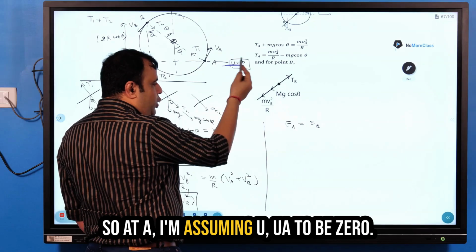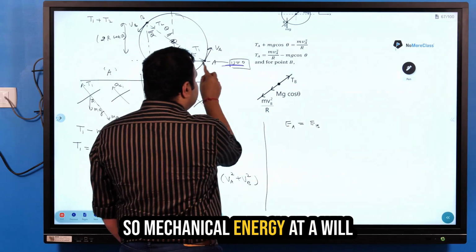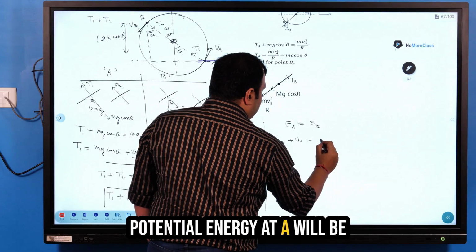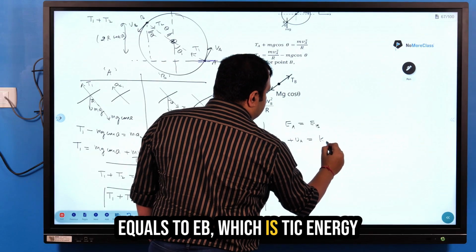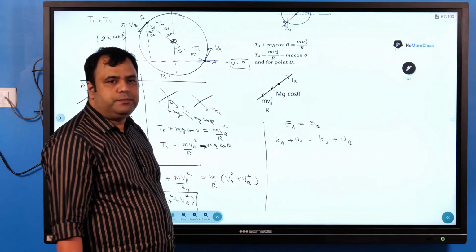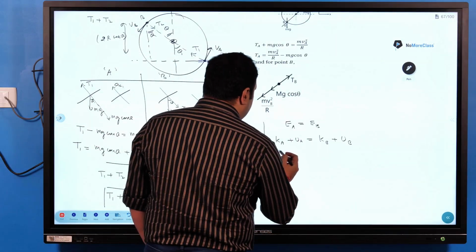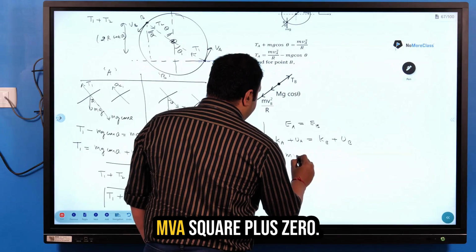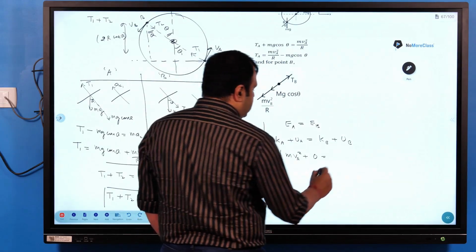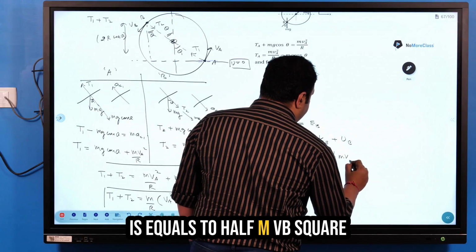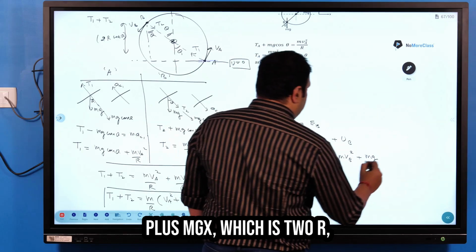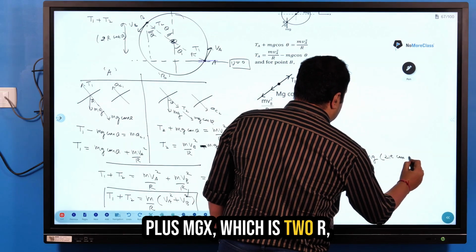So at A, I'm assuming UA to be zero. So the mechanical energy at A, which is the kinetic energy plus potential energy at A, will be equal to EB, which is kinetic energy at B plus potential energy at B. That gives half m VA square plus 0 equals half m VB square plus mgh, which is 2r cos theta.